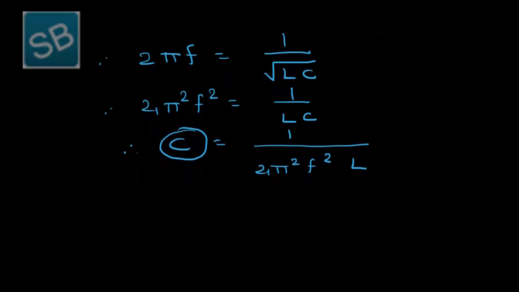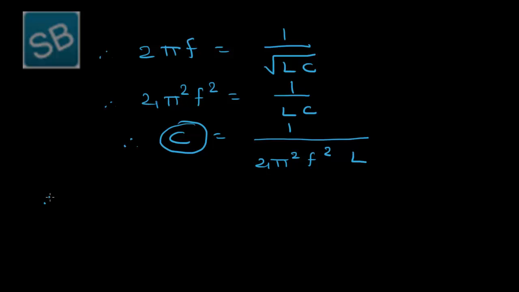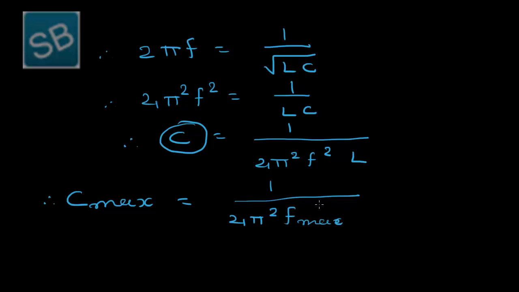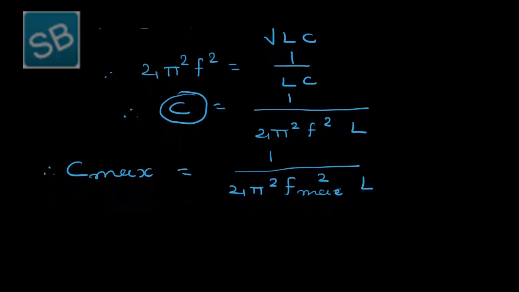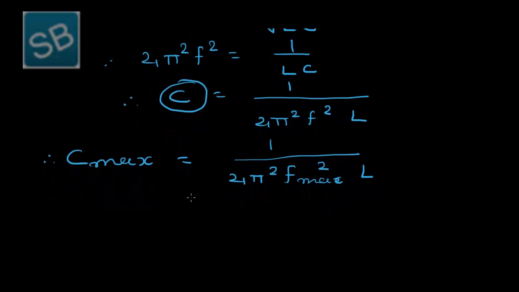So, in order to find out the value of maximum capacitance, that is given by 1 over 4 pi square f max square into L. Now substituting all these values, it is 1 over 4 into 3.14 whole square.